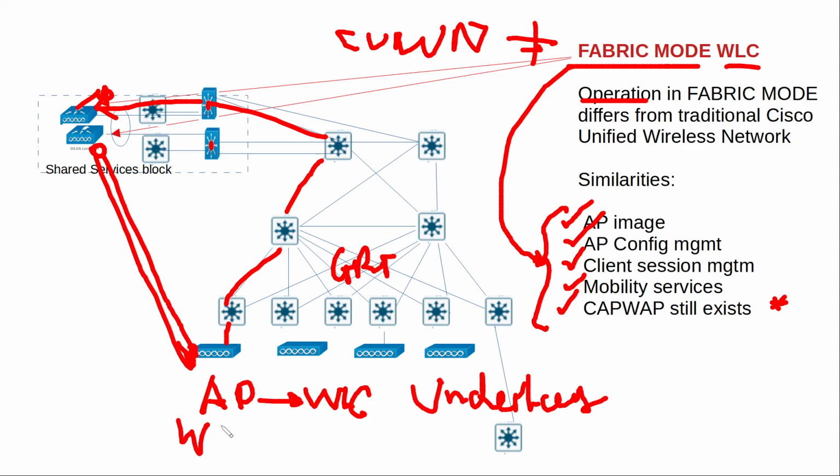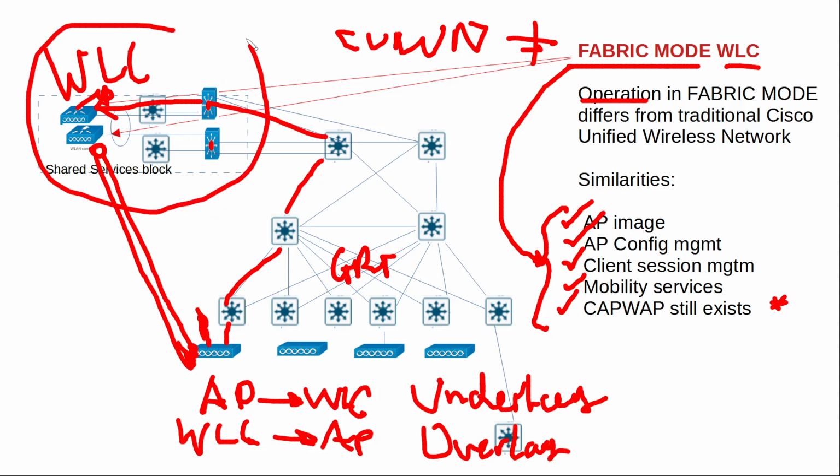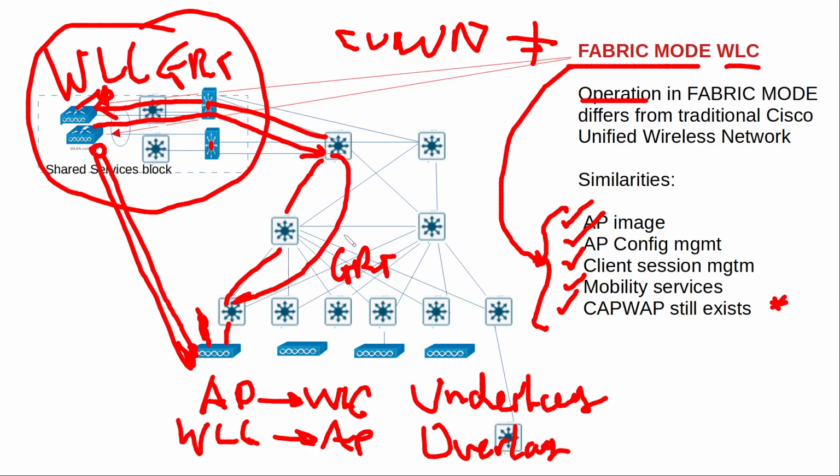Now the traffic that comes from the wireless LAN controller back to the access point will use the overlay. The wireless LAN controller, when trying to respond to the access point, will look for this access point IP address within the global routing table here, and then it will respond, and when that traffic coming back reaches my fabric, then a VXLAN tunnel will be created to transport that traffic.